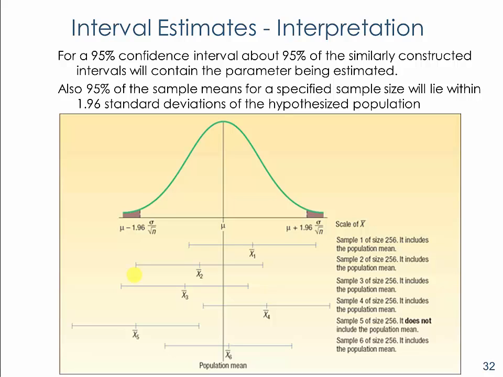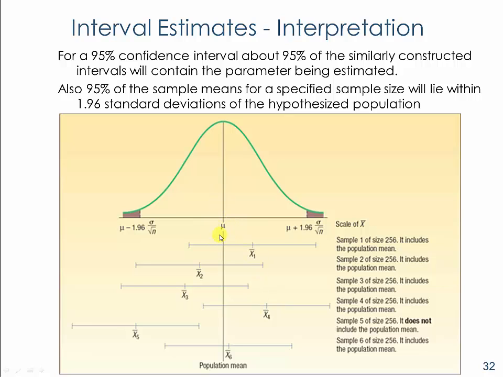Well, what it amounts to is that if we took every possible combination of a sample size x, like we talked about when we did the central limit theorem, and built a confidence interval off of each, we would find, if we did a 95% confidence interval, that about 95% of the confidence intervals that we created would capture the population parameter.